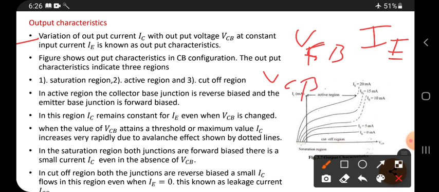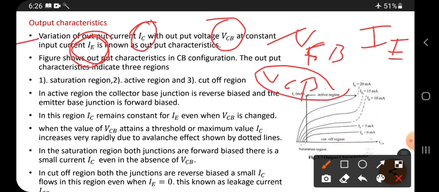In output characteristics, we change VCB and note down IC, but we keep the input current constant. In input characteristics, the output voltage is kept constant. So that is the difference.